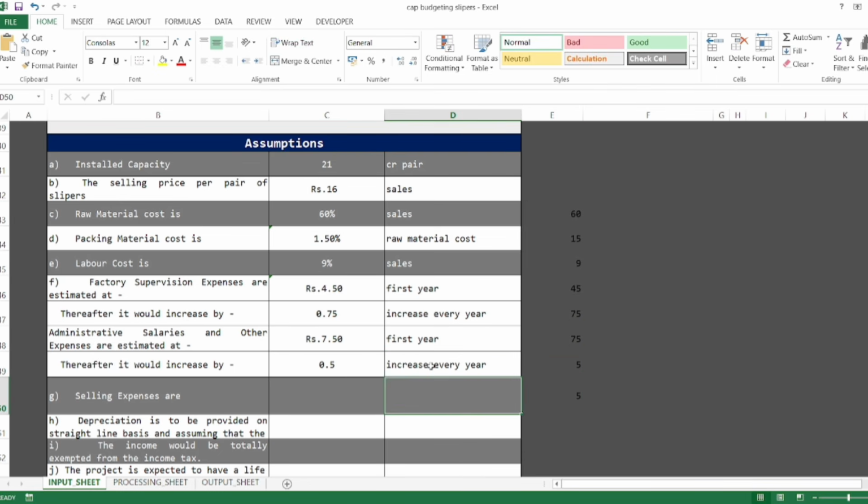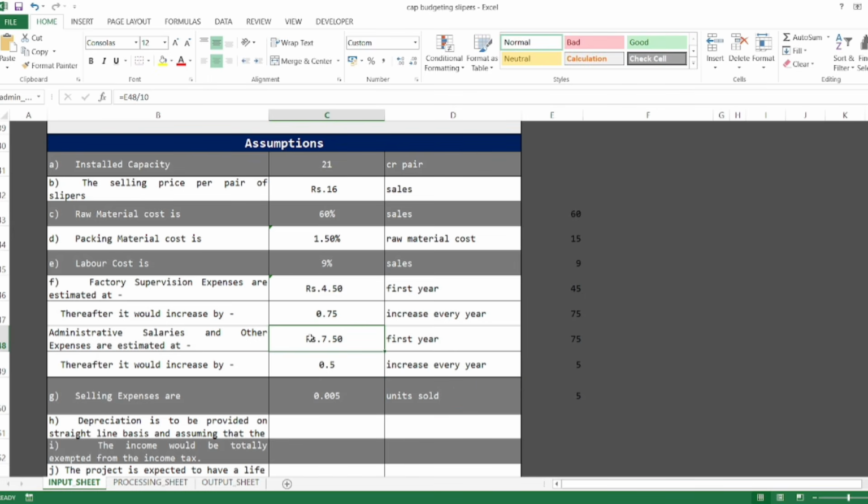This will increase every year. And for selling expense, select the cell E50 divided by 1000, we'll get that answer. And this is selling expense per unit sold.